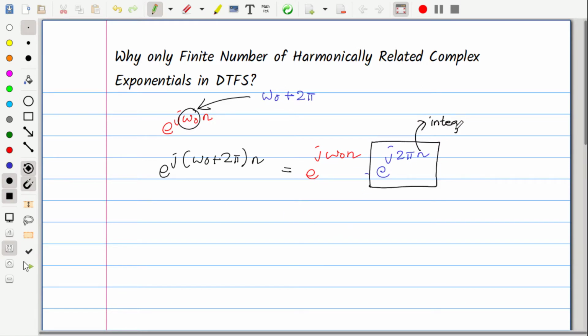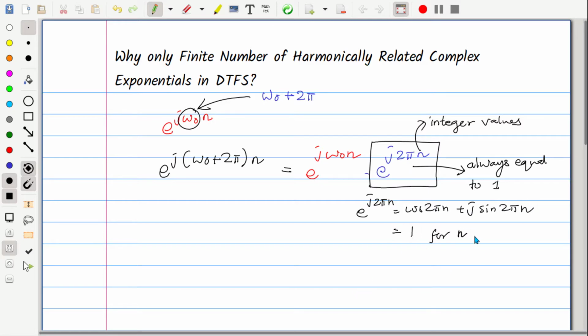From this equation we can see that n takes only integer values. Hence e^(j2πn) will always be equal to 1. Thus e^(j(ω0+2π)n) is equal to e^(jω0n).